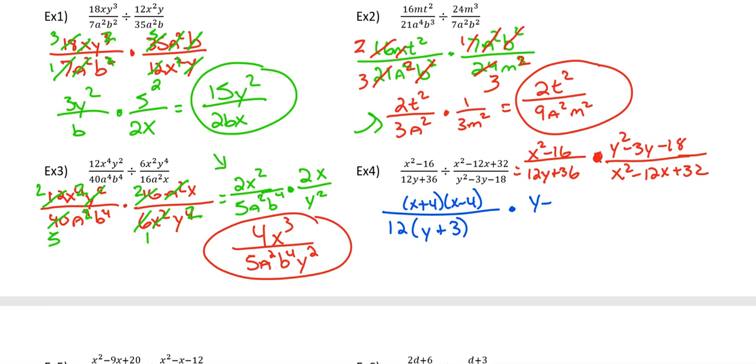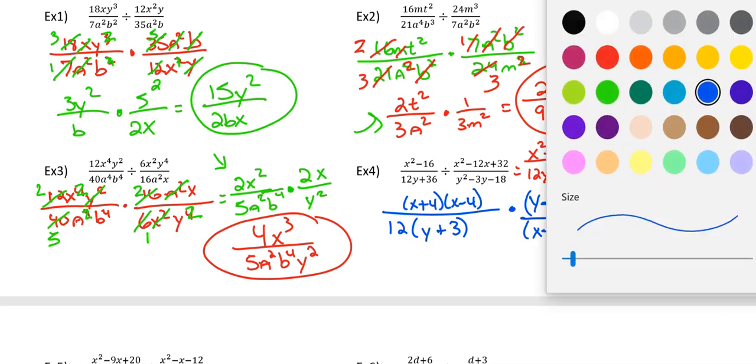It's going to be minus 6 and y plus 3. Then on the bottom here, I'm going to have x, 32 has to be 8 and 4. So x minus 4, x minus 8.